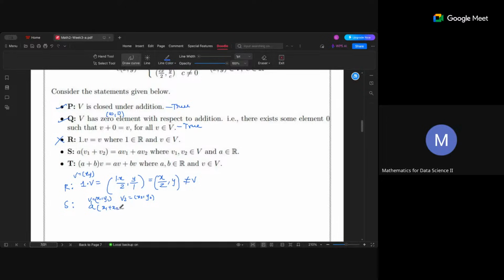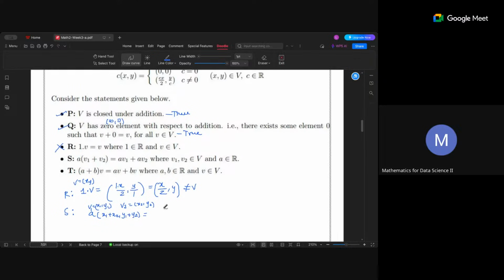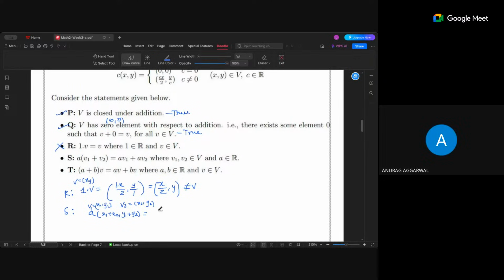It is (x1 plus x2, y1 plus y2). According to the definition, a times that is (a times (x1 plus x2) by 2, (y1 plus y2) by a).